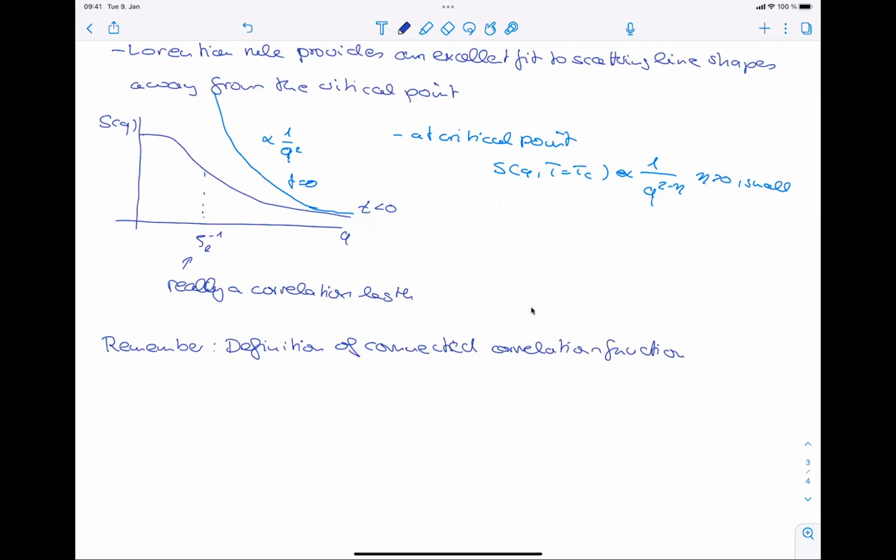The connected correlation function was G, well, we had gammas there too. Here I'm using the G just to make you aware, and there are two indices for the two different directions, because now we're in multi-dimensional space, so not in one dimension as we had it so far. So this is now a vectorial order parameter.